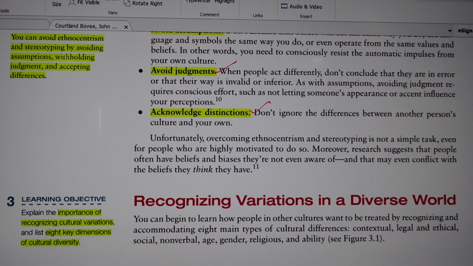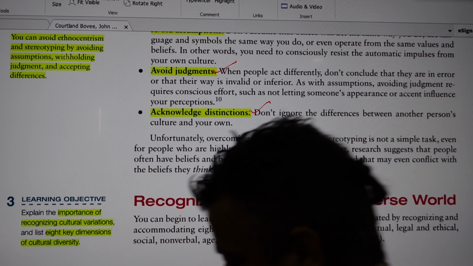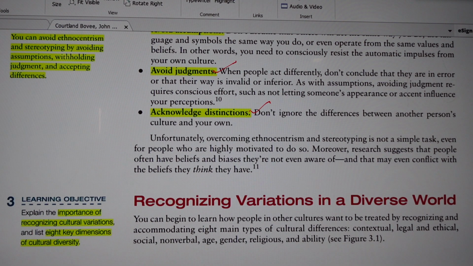Oh God. Show me the notes of LO2. Okay. Notes of LO2. Oh, you didn't make all notes.